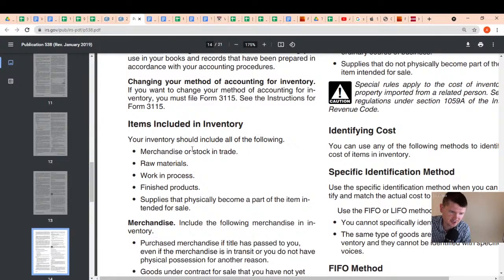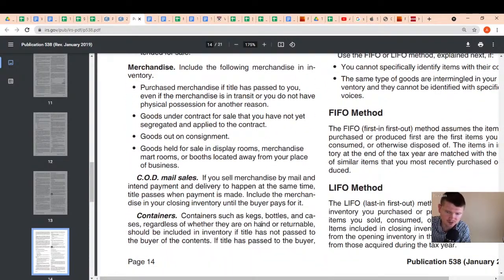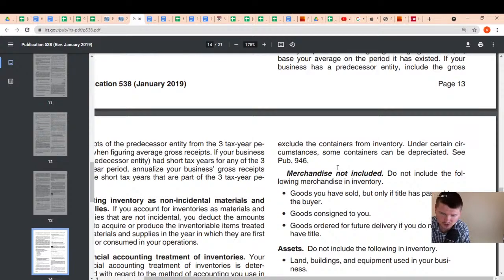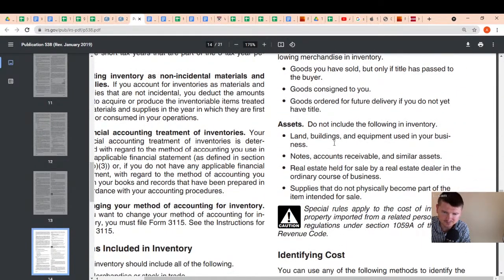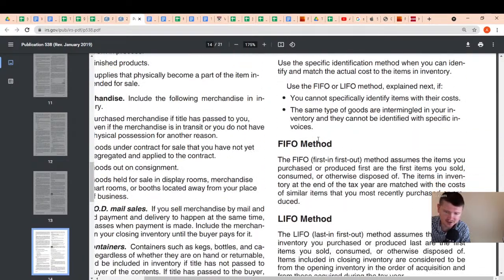Because later here they say that you must include merchandise, raw materials, work in progress, and finished goods into the inventories. And later here they come up with the methods you should use to value your year-end inventory.